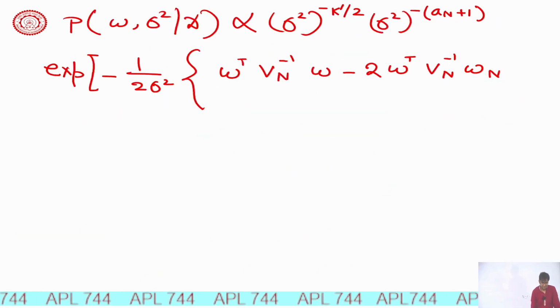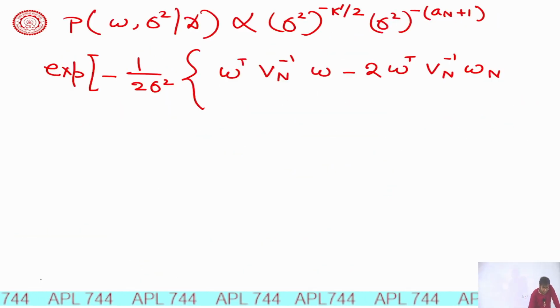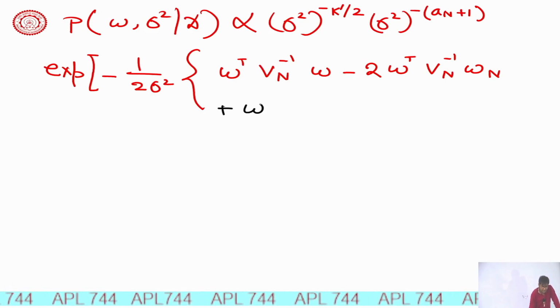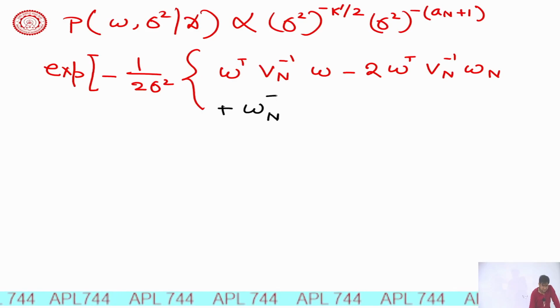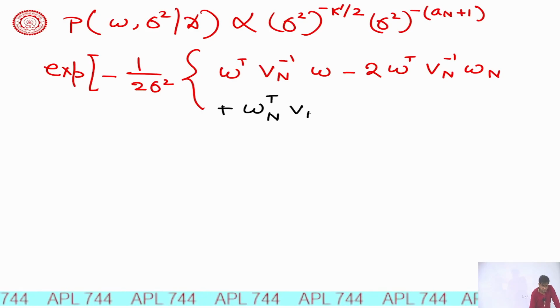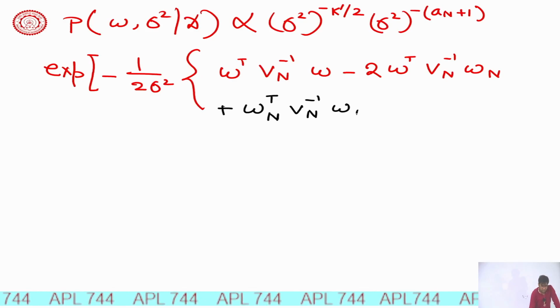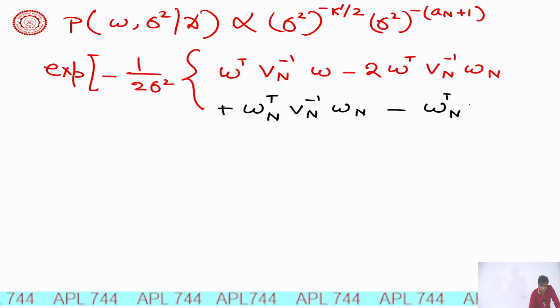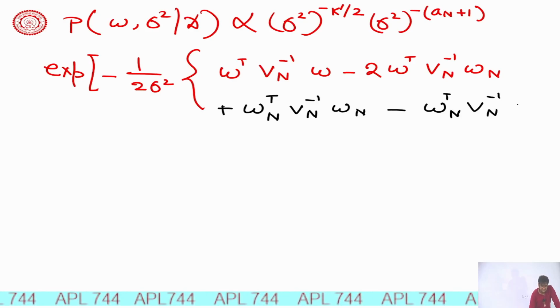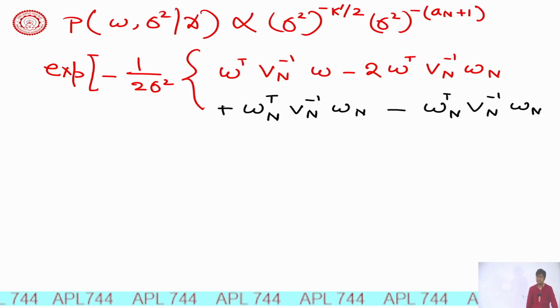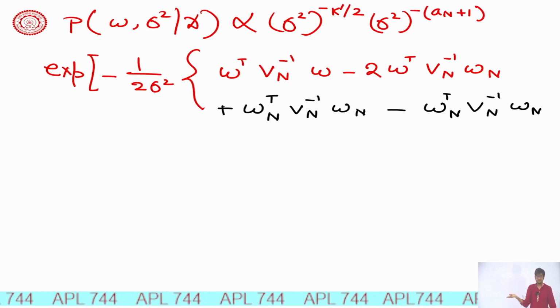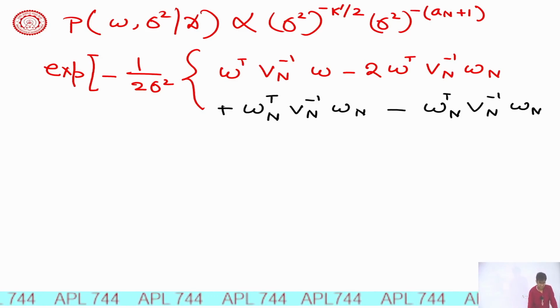So basically I want to complete the square. So therefore I will myself add it, W_n transpose V_n inverse W_n, and then I have to subtract it also. I just cannot randomly go on adding things. Okay, I added it and subtracted it. And then the remaining terms, whatever they were, I will write it down.